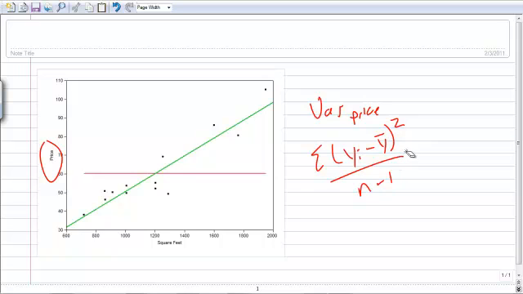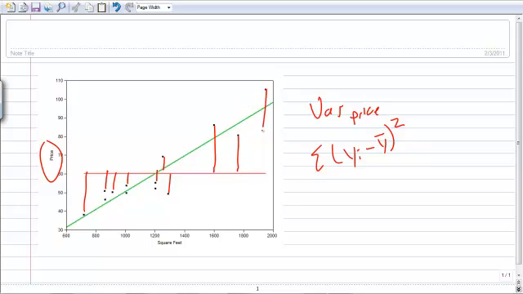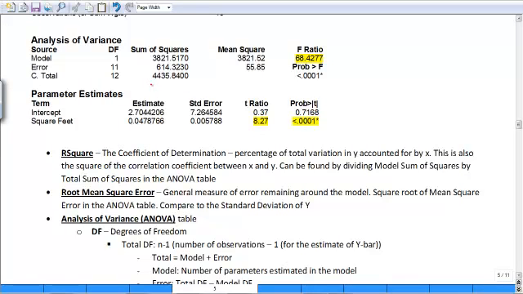Well, the total variability, or the sums of squares, is y sub i minus y bar, taking these distances and squaring them. And of course, when we square a distance, we're turning it into an area.